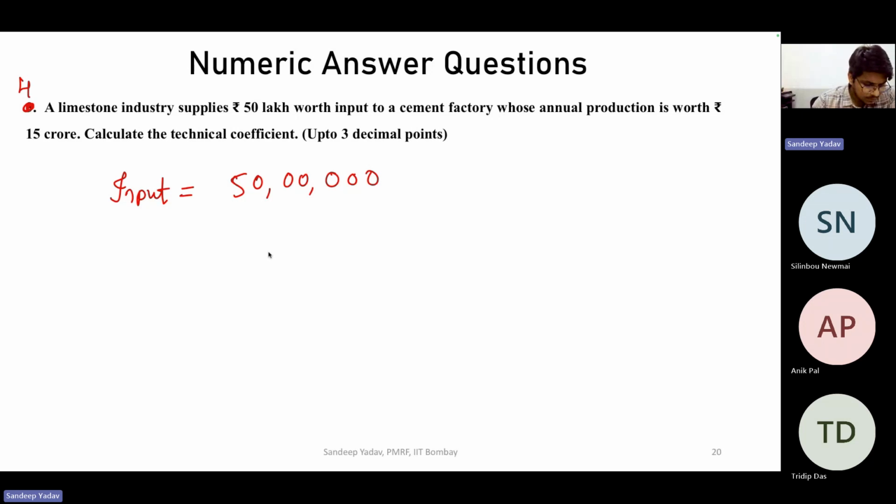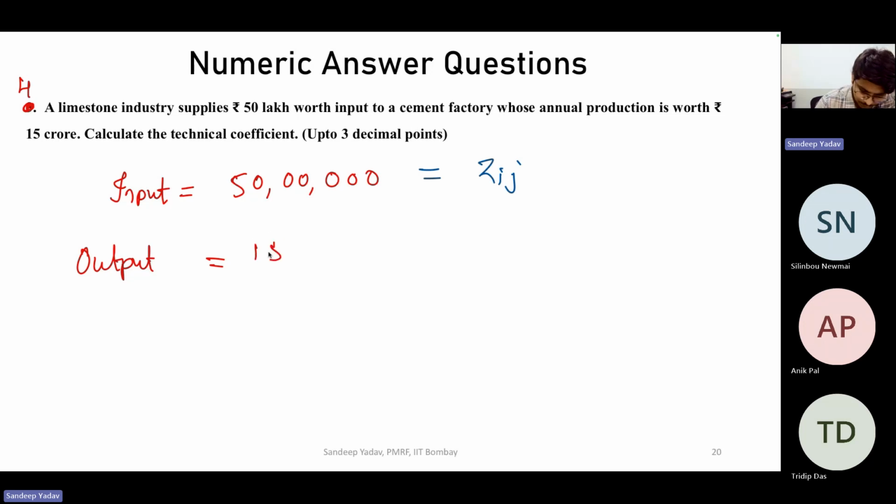Now let's move to question number 4. It says a limestone industry supplies 50 lakhs worth rupees of input. So we know Zij is 50 lakhs, and the output of the cement industry is 1.5 crores.